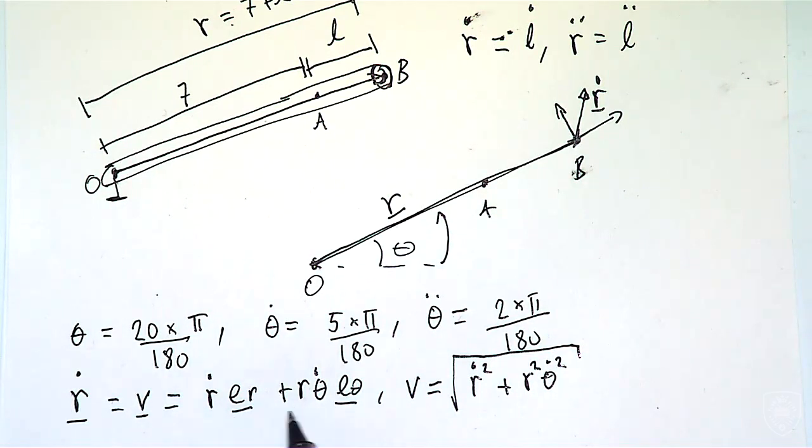If you want to know the size of a vector, you take the first component squared plus the second component squared, and then take the square root. er and e theta do not come into it. This is from vectors, so if you want to revise vectors, the magnitude of a vector is the square root of the sum of its squared components when the two basis vectors have size 1 and are orthogonal to each other. So this is just a revision.